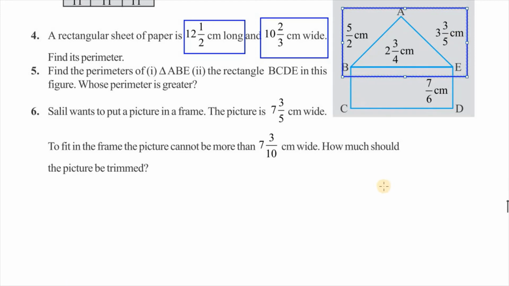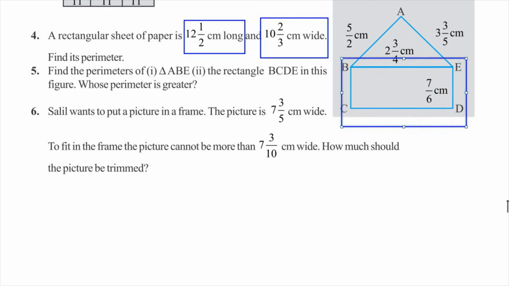So again we should recall the formula for perimeter for a triangle, which is equal to the sum of the length of the three sides. Furthermore, we need to find the perimeter of this rectangle over here, BCDE, whose length is equal to 3 by 4 centimeters and whose width is equal to 7 by 6 centimeters. And we have to decide which perimeter is greater.